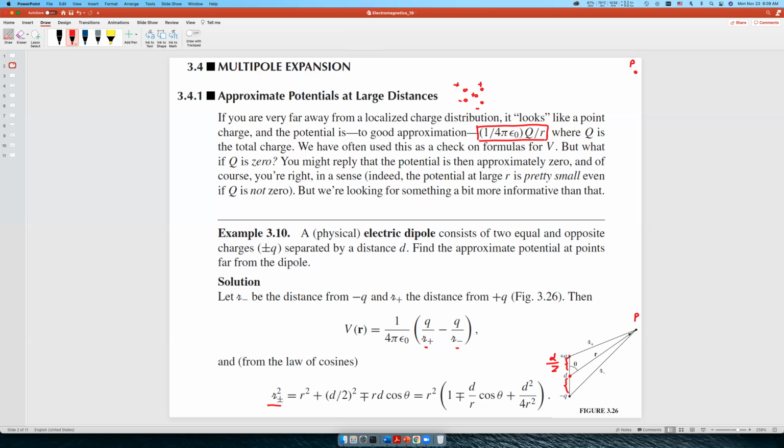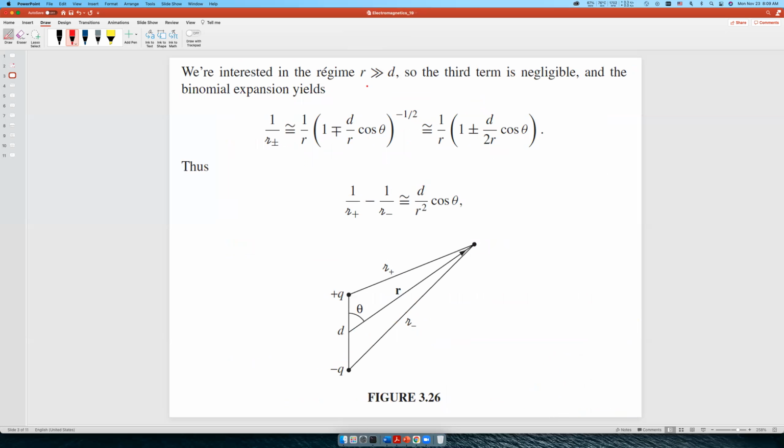If you consider the upper triangle in this figure, which is from plus Q to the center and then to P, this is the upper triangle. And for the lower triangle, you will have r minus squared equals r squared plus (d over 2) squared plus r d cosine theta. And then based on this equation, first, let's see if r is much longer than d, then the third term is negligible.